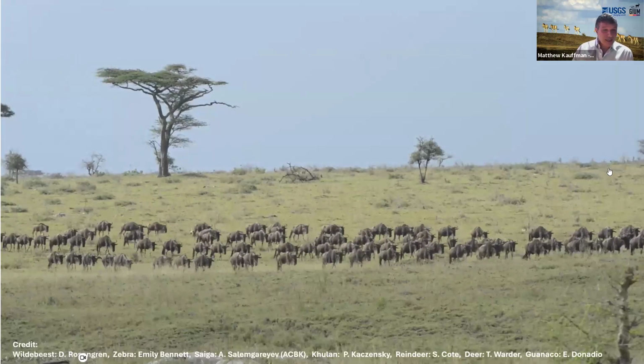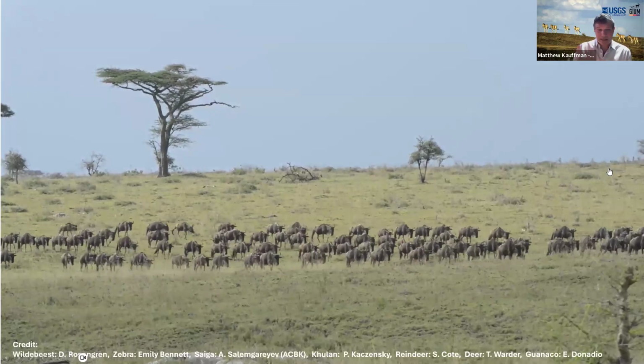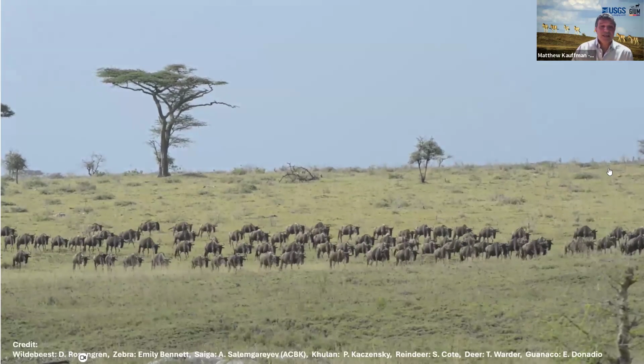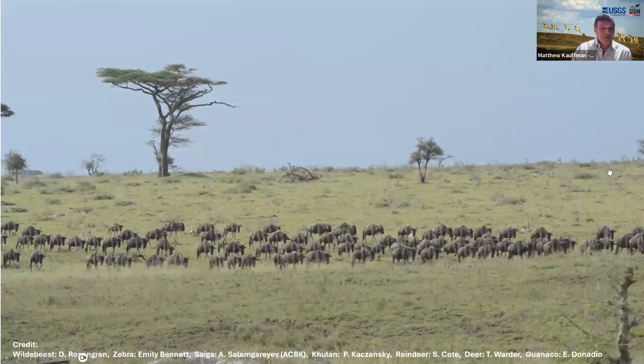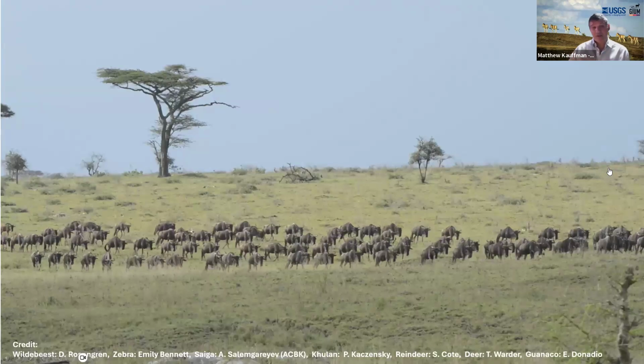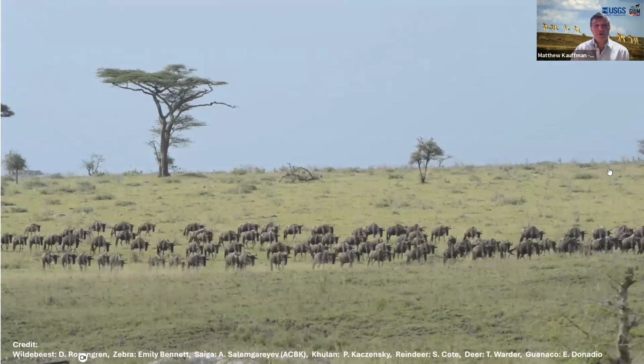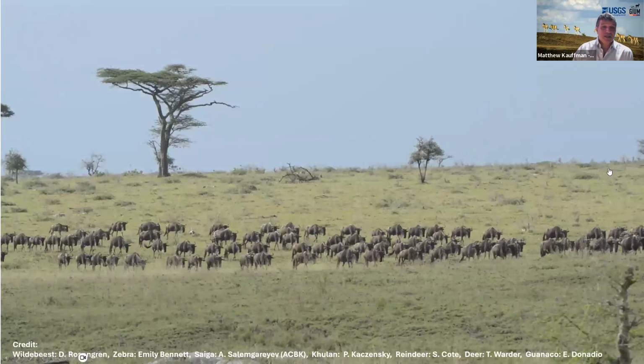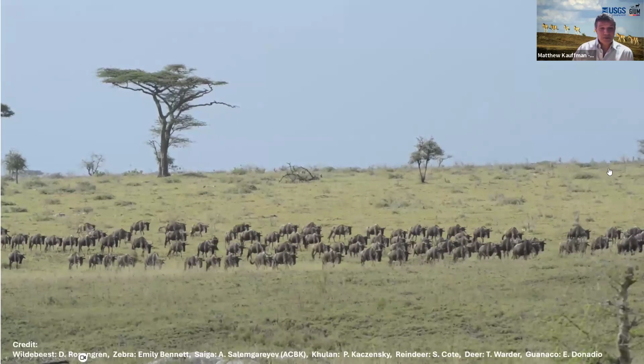Then we have the saiga antelope moving across the vast steppe of Kazakhstan. Then we also have kulan or wild ass who make 200 to 300 kilometer nomadic movements across the Gobi in eastern Mongolia.